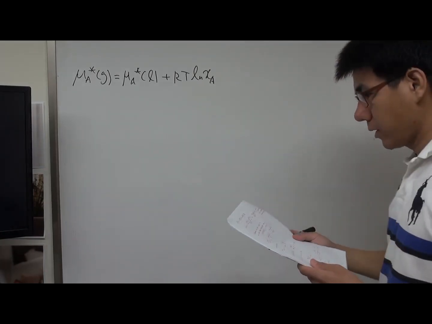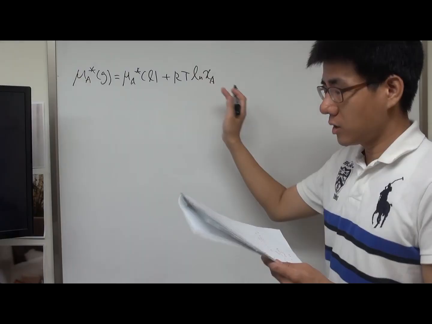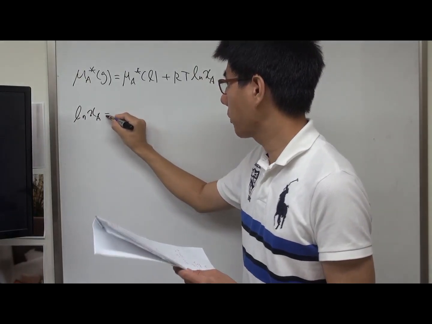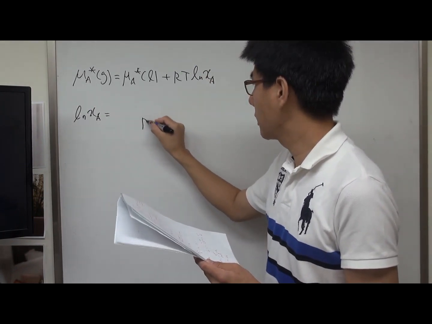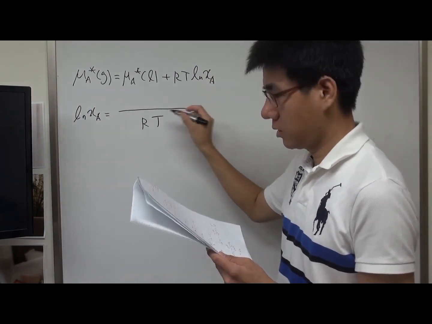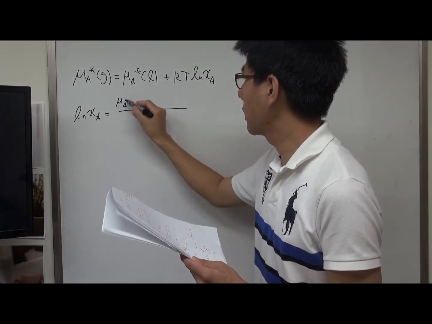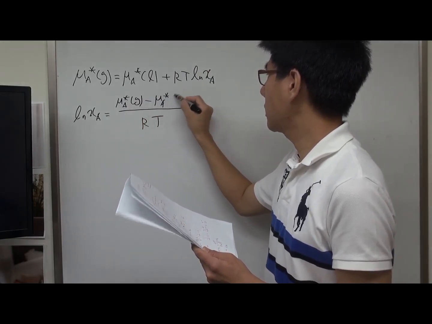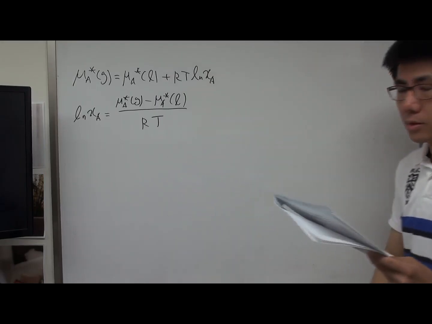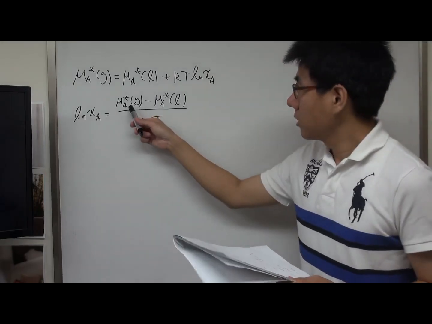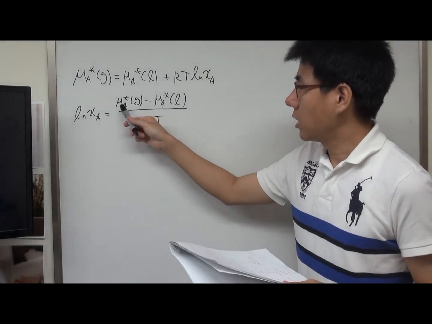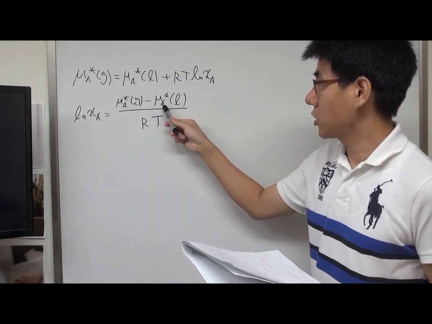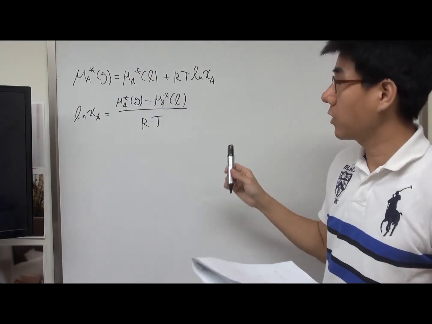If you rearrange it as a function of ln XA, then you have RT ln XA equal to mu A star G minus mu A star L. This gives the chemical potential of A in pure form in the gas phase minus the chemical potential of A in pure form in the liquid phase.